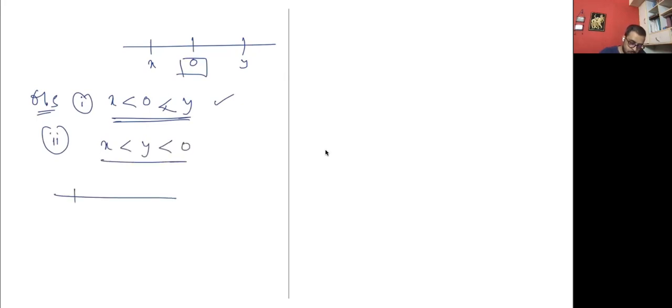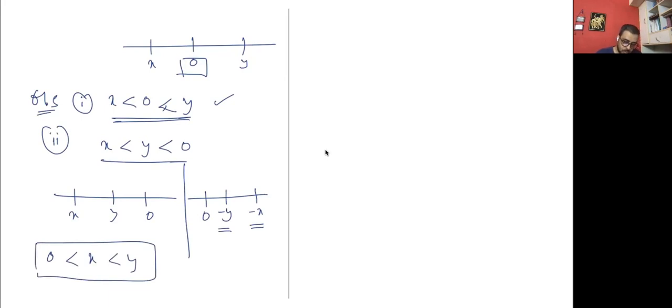Now let's look at this case. Now in this case, what you can do is look at minus y and minus x instead. So then you would have reduced it to this case. So what I'm trying to say is it's enough to give a proof for this case. Then all other cases you can derive.